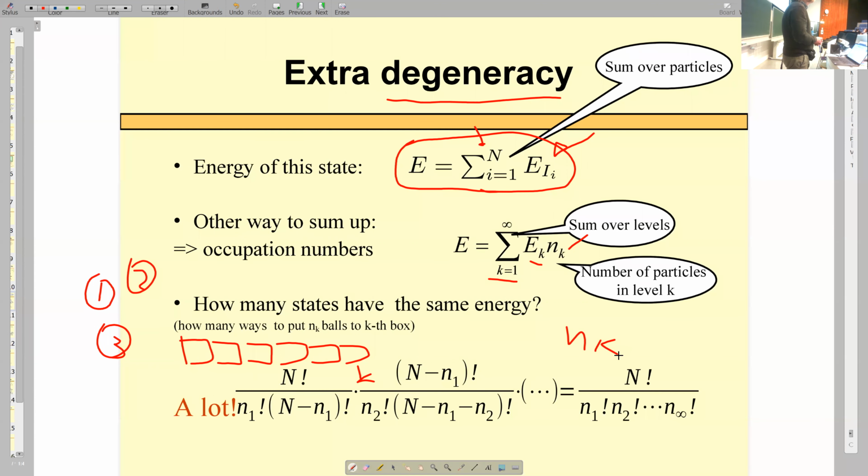Let me start with the first box. I need to put N_1 balls, taking them from the total number of particles I have. The number of ways to do this is given by this combination of factorials.